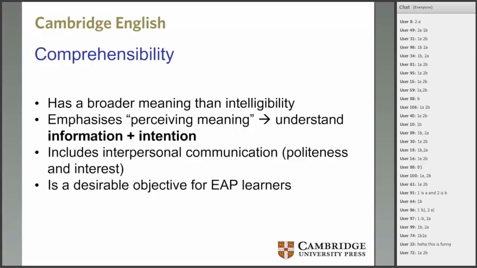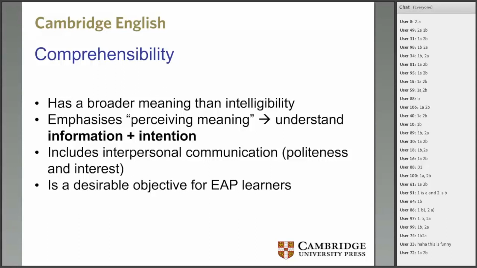So, taking this definition, I've teased out particularly the issue of comprehensibility. And to my mind, it has a slightly broader meaning than intelligibility. So comprehensibility has this emphasis on the idea of perceived meaning. So to my mind, that means that not only does the interlocutor understand the information, but they also understand the intention of the speaker.